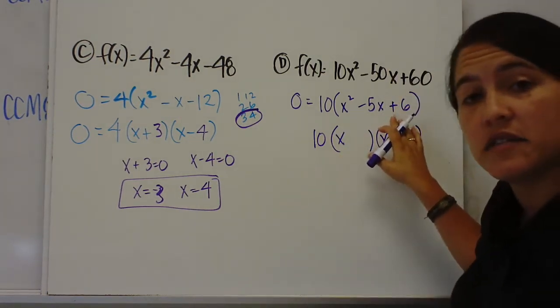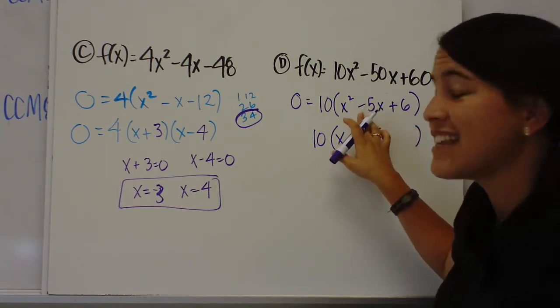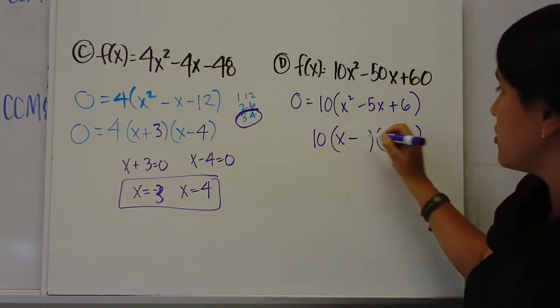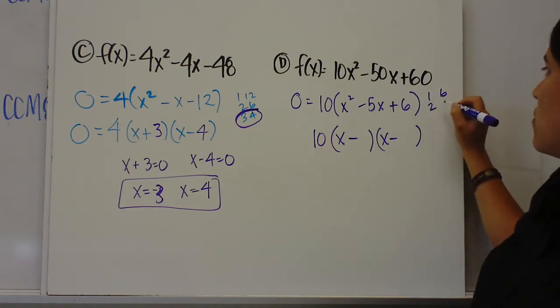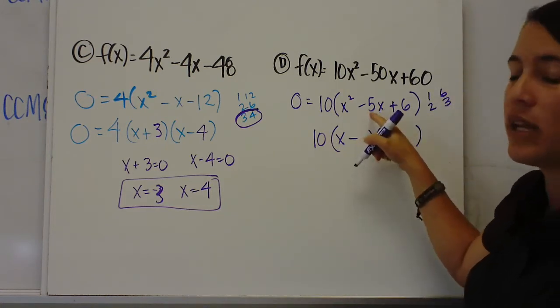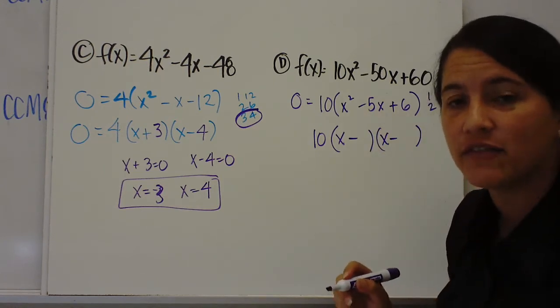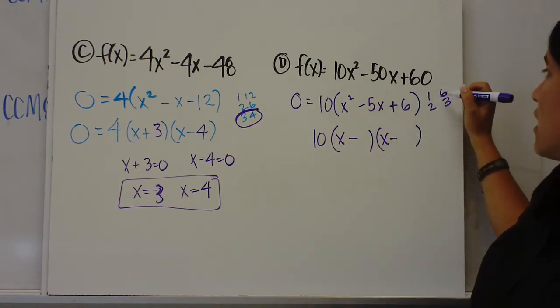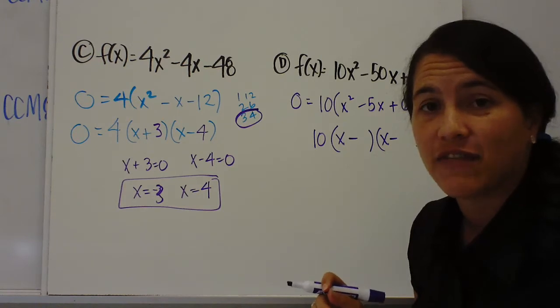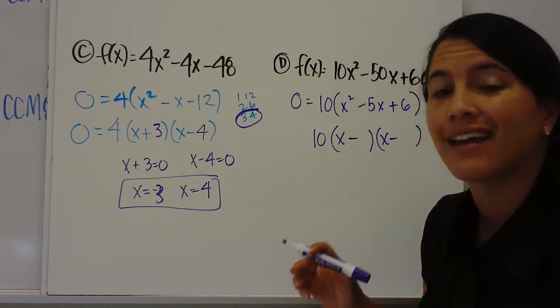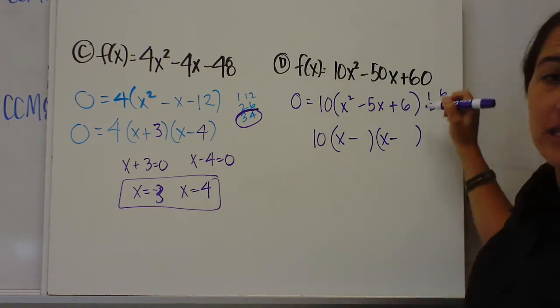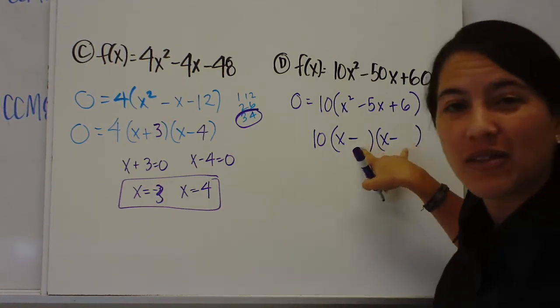This is a positive 6, but this is negative, which means we need 2 negatives. And our factors of 6 are 1 and 6 and 2 and 3. Well, we need to get a negative 5. So when you look at this, we can get to 5. However, there's only one way that will work. We could do 6 minus 1, but you can't, then they both be negative.